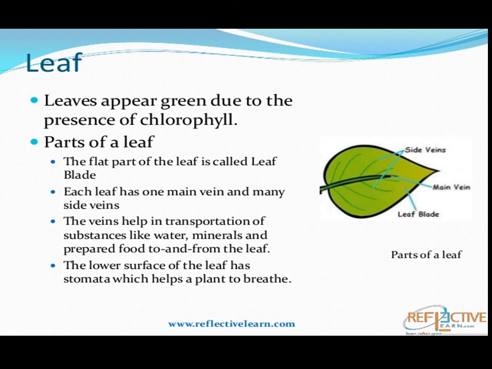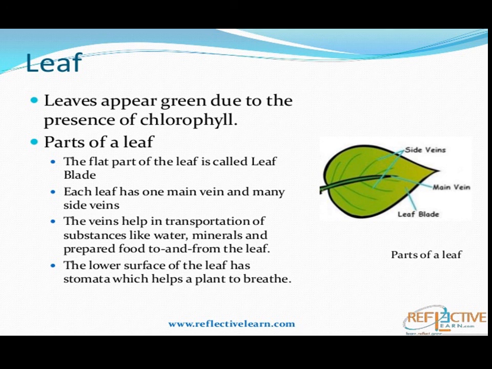I will suggest you to take a leaf and look for the structure in the leaf as you study with me. When you turn the leaf over, at the lower surface you will find tiny pores.